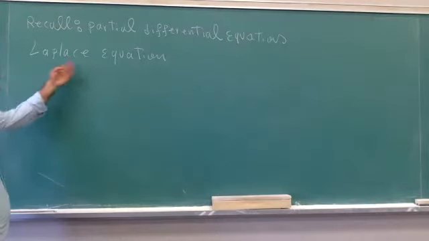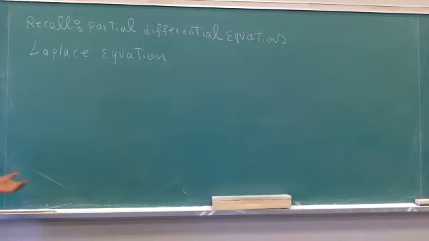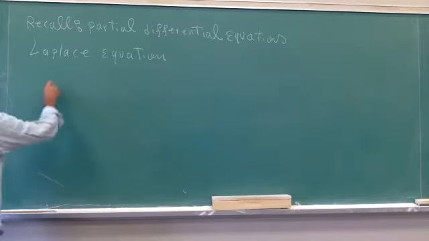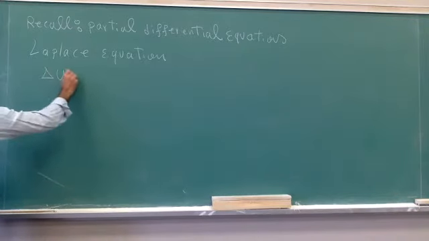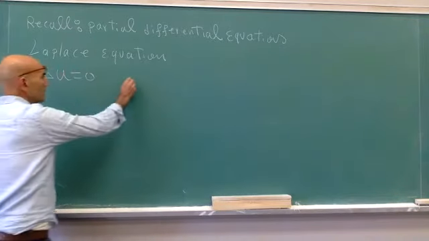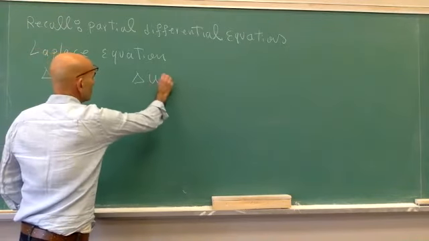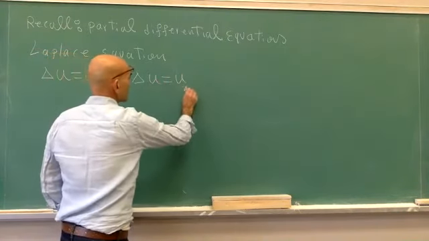So this Laplace, his name is attached to many equations, many results in math, physics, probability theory, a lot of things. Anyhow, this Laplace equation is delta U equal to 0. Well, delta U is equal to Uxx, for example.